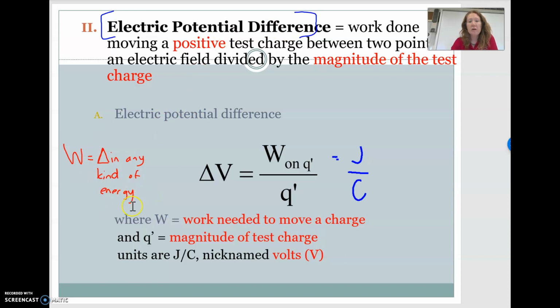So here we're talking about electrical potential energy. In order to solve for this formula, we would need to know the work done on the charge and how much charge we did work on, and then you can use joules per coulomb, or the nickname for this, which is volts.